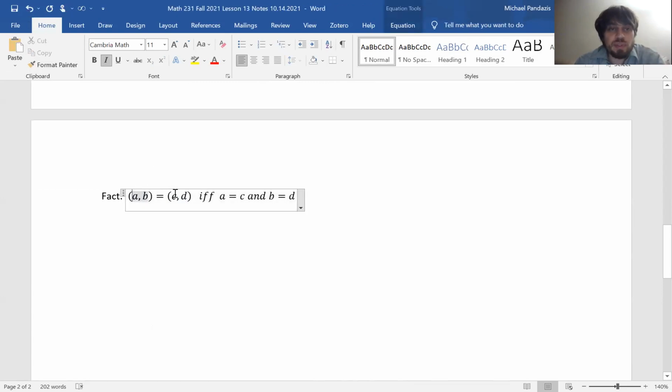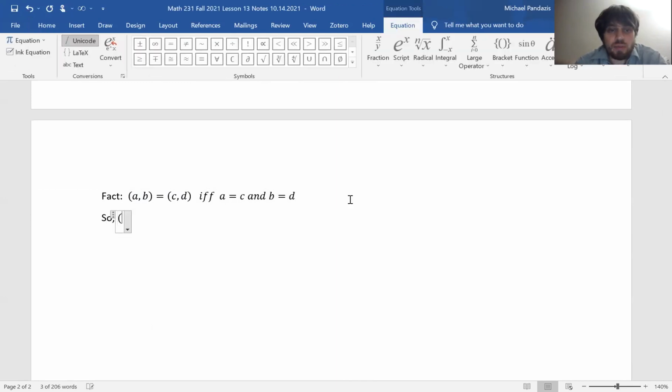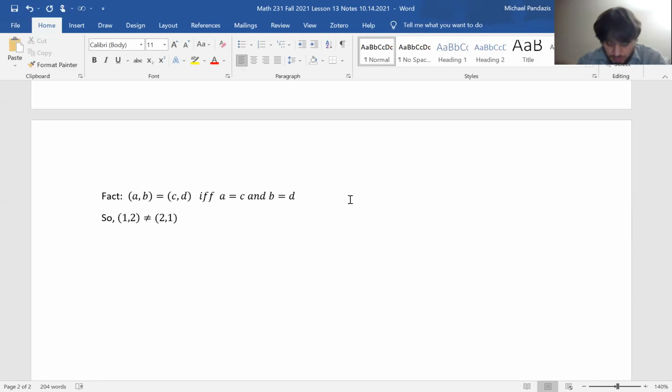So if their first members are the same and their second members are different, that means they are not equal as ordered pairs. Okay, so for instance, 1 comma 2 does not equal 2 comma 1, right? Because you could say either the first members are different or the second ones are different.